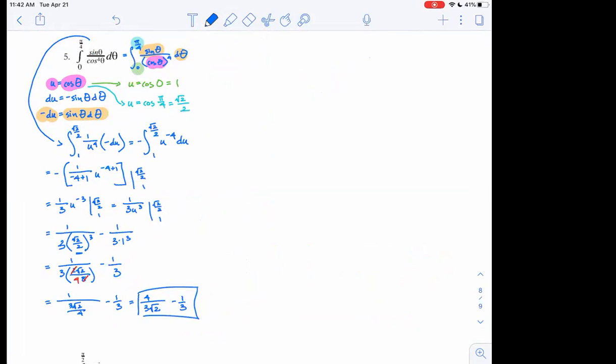And then simplifying from there is sort of like icing on the cake. All right. But I think that getting to this step right here is really important. All right. Any questions on number 5?